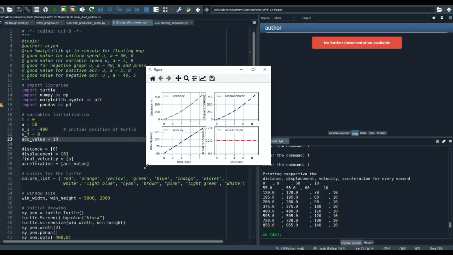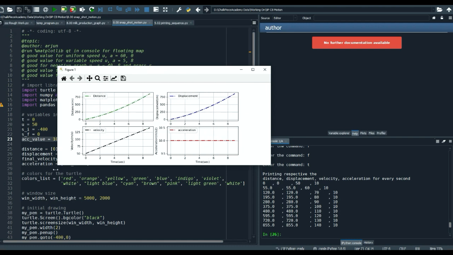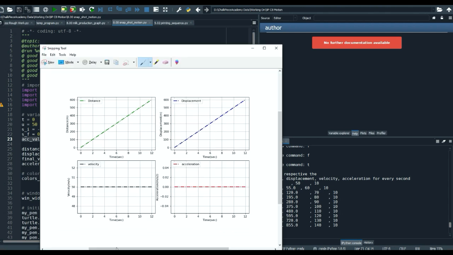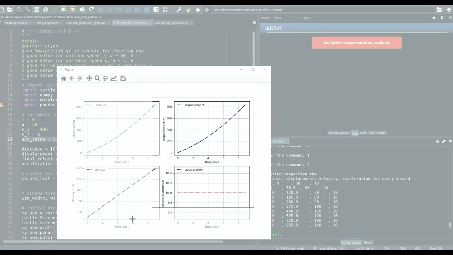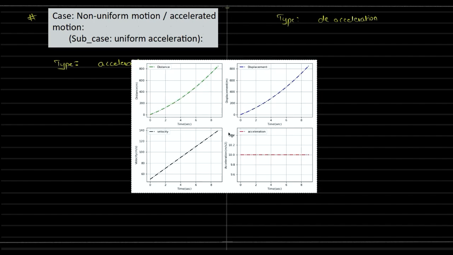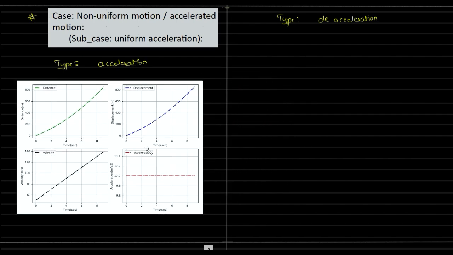Okay, let me take this graph onto the screen and let me explain it over there. So this is accelerated motion, that is we are increasing the speed, right? So basically we are trying to overtake someone. Example, overtaking.